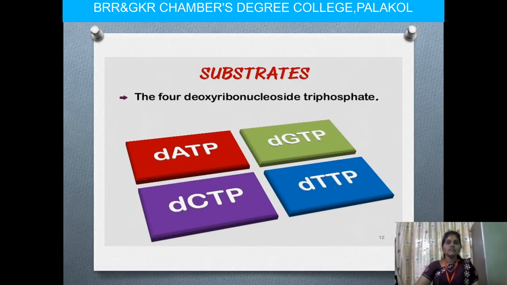These are the four types of deoxyribonucleoside triphosphates, the substrates used in the replication process.